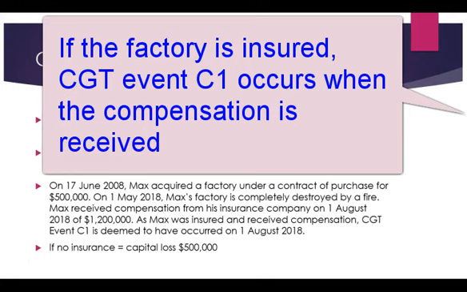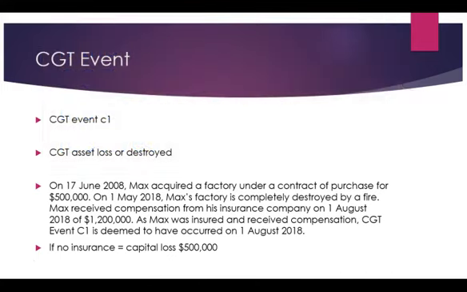As he's insured, it's a CGT event C1. A capital gain has occurred, and the capital gain is $700,000. That capital gain occurs on the date of 1 August 2018, not when he discovers that the factory has been burnt down.